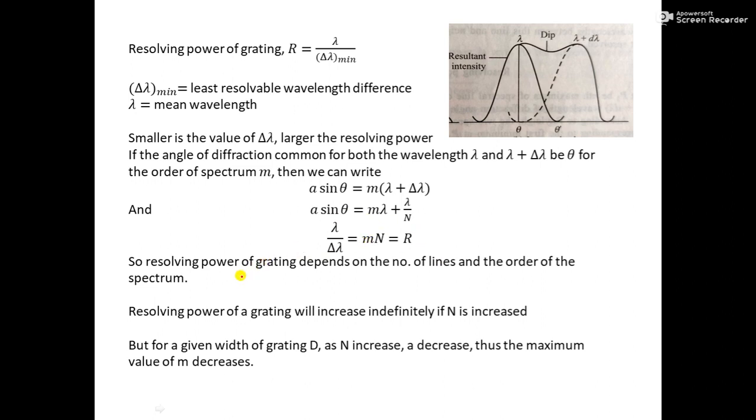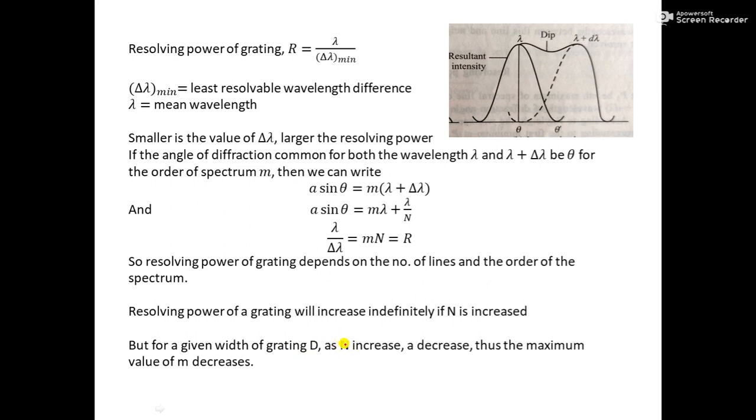So the resolving power of a grating depends on the number of lines and the order of the spectrum. That is, the resolving power of a grating will increase indefinitely if N is increased. But the width of a grating is constant, and it is equal to N multiplied by A, because A is the grating element and N is the number of slits.